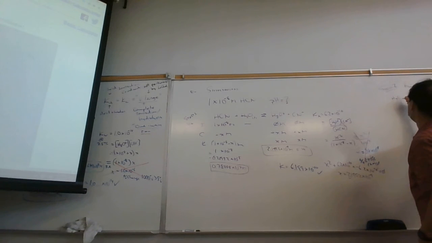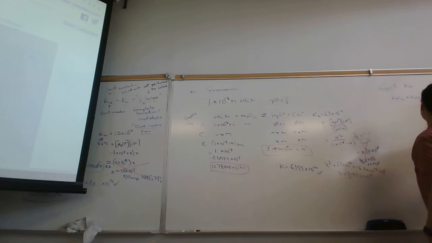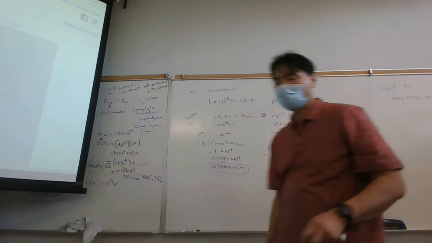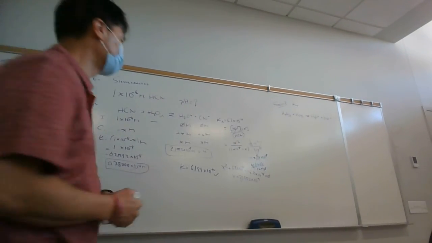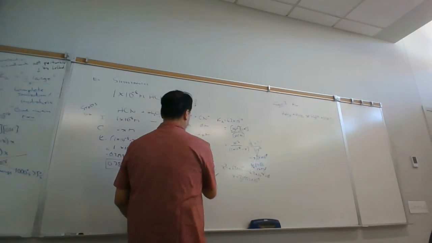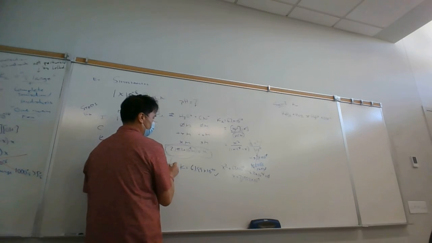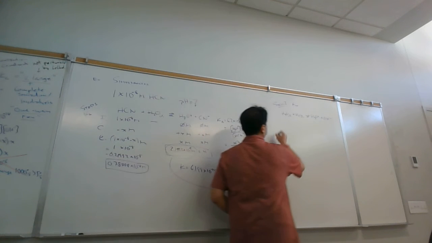So what we're going to do is find out how much hydronium plus hydroxide. And so the common species between these, in other words, the common ion, this is a common ion problem, is hydronium. So we're going to take the common ion from step 1 and then start with that in step 2.